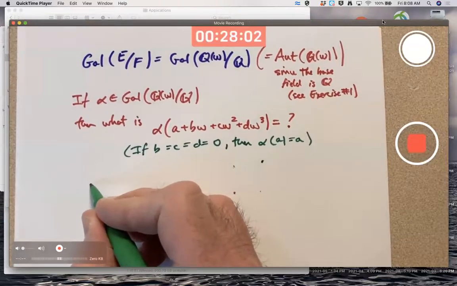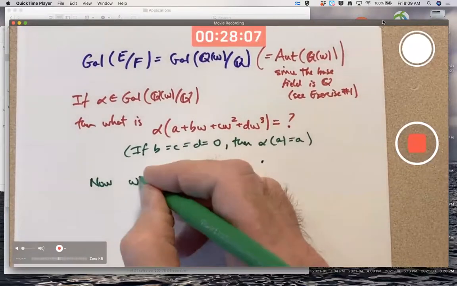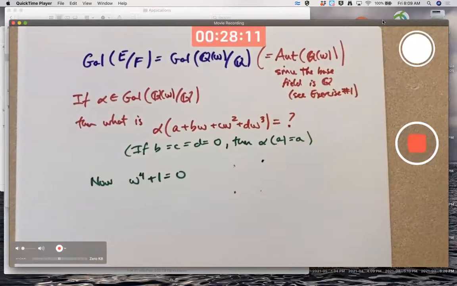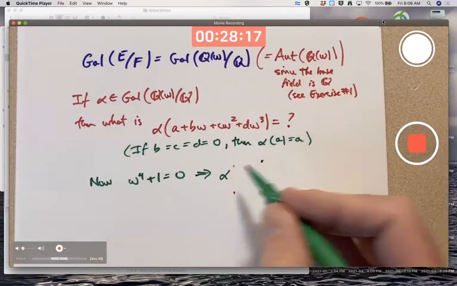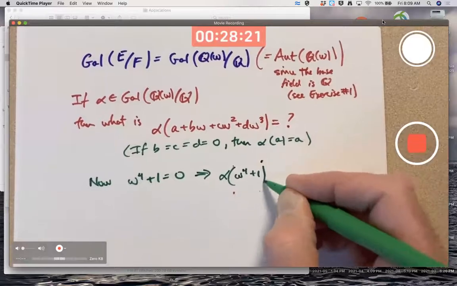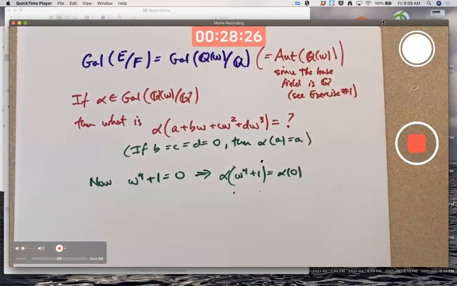In other words, it's a root of f. Omega to the fourth plus 1 equals 0. Therefore, alpha of omega to the fourth plus 1 must equal alpha of 0. Just plugging in both sides into alpha, my arbitrary element of this Galois group.